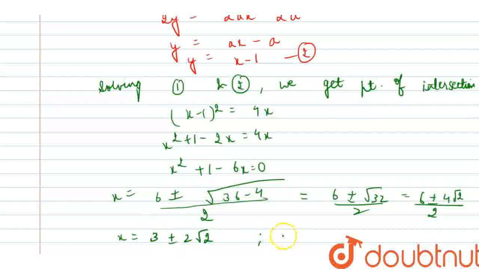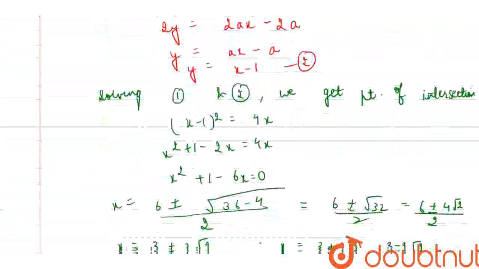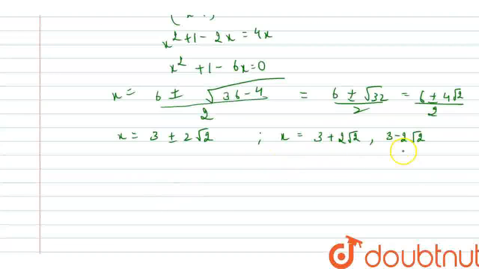It implies one of the x is 3 plus 2 root 2 and the second is 3 minus 2 root 2. Since it's a parabola, there are 2 points of intersection. Solving in y is equal to x minus 1, we get y is equal to 2 plus 2 root 2 and 2 minus 2 root 2.